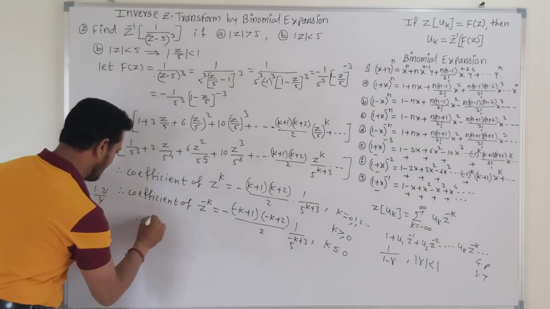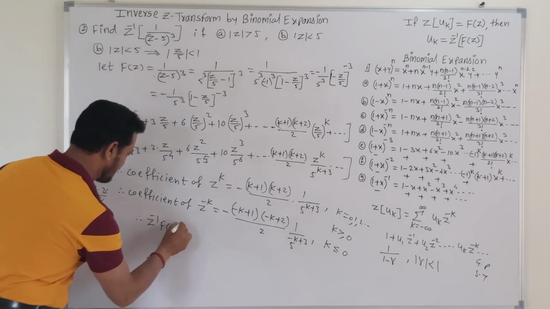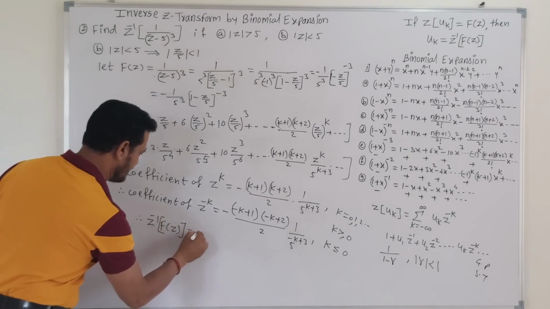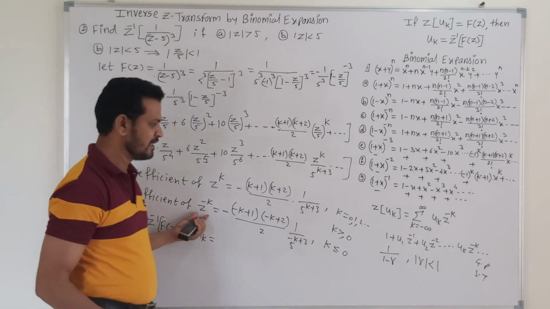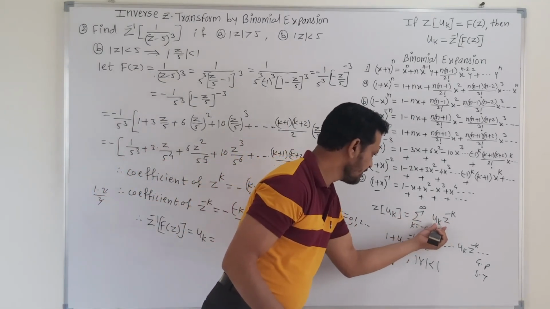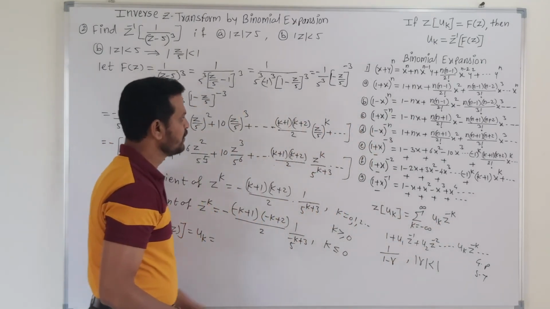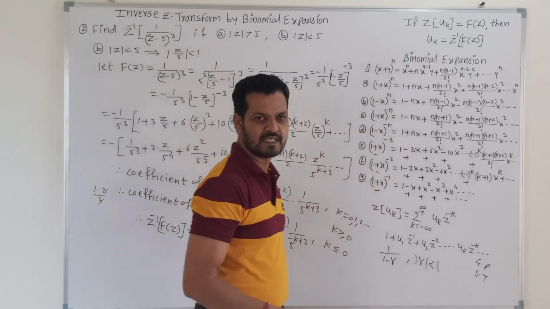So therefore we can write inverse z transformation of given function f of z is equal to sequence uk, because coefficient of z raised to minus k is uk, and uk indicates the inverse z transformation.